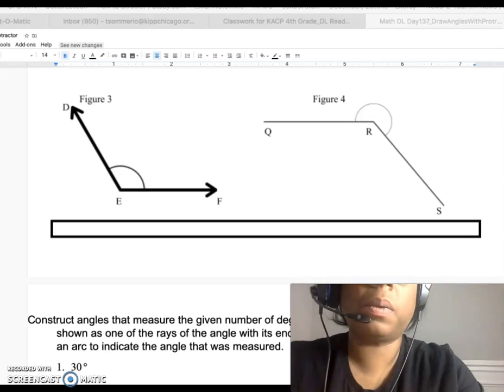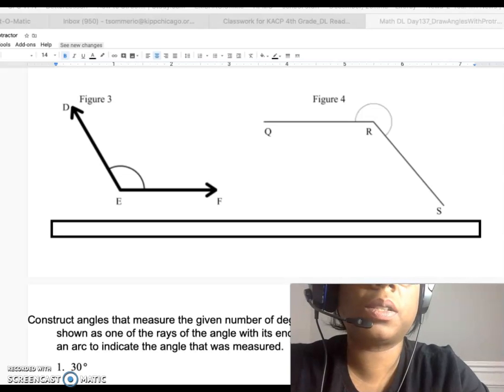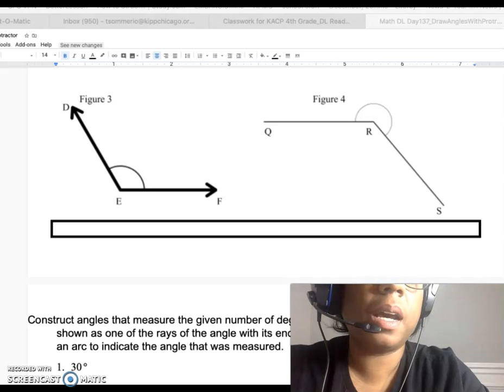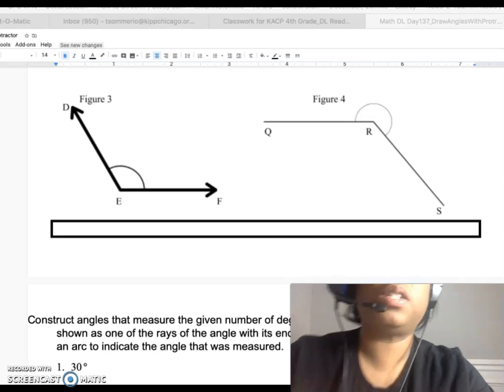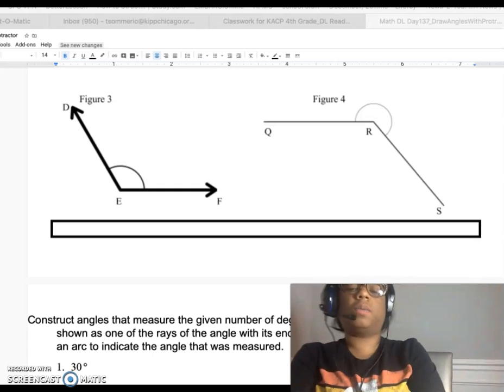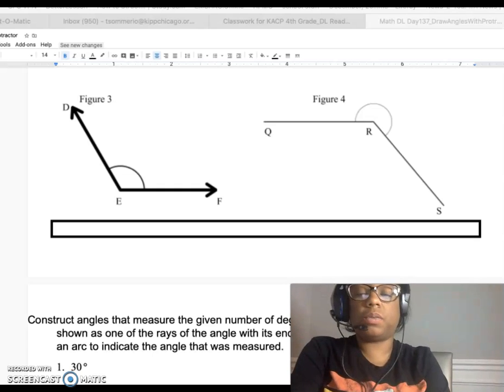Now when I take my protractor and I measure it with the circular protractor and I put the vertex at the base, I can see that this angle is 180, 190, 200, 210, 220, 230 degrees large. That would definitely make it an obtuse angle.